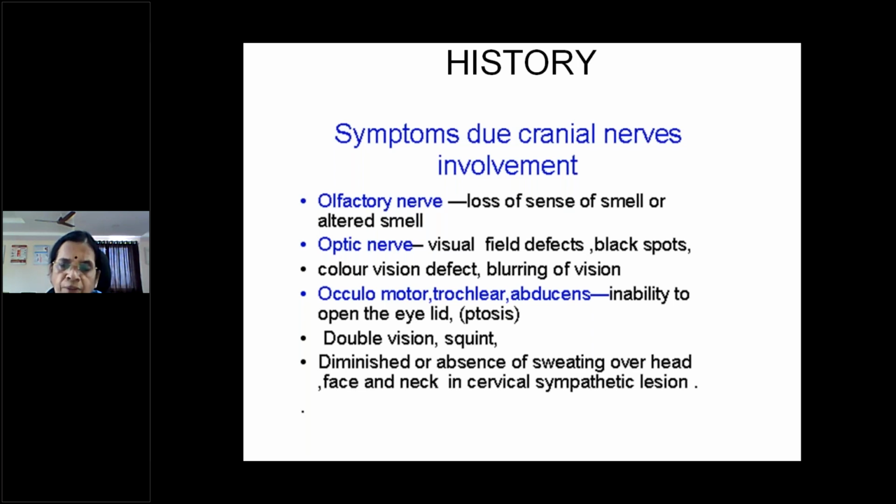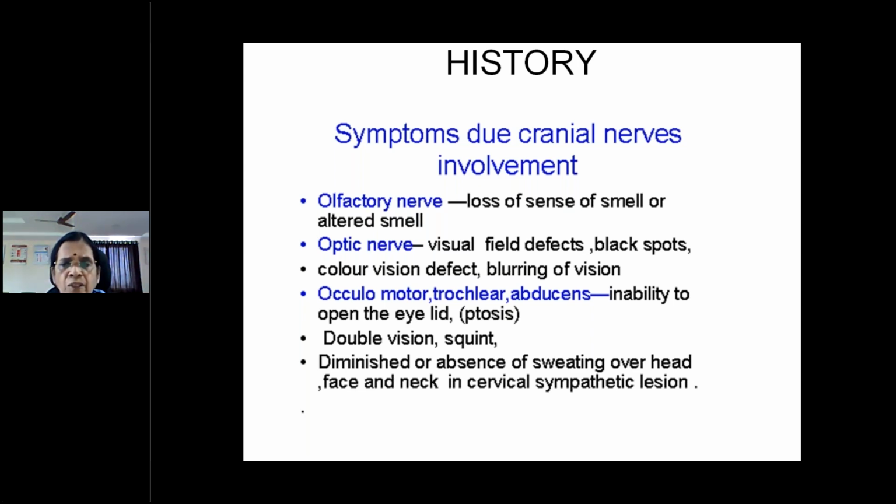Then there is squint, which means the eyeball is shifted to one side, medially or laterally. An internal squint indicates a sixth nerve palsy, and an external squint indicates a third nerve palsy, where the eyeball will be on the lateral side. We have to know this.